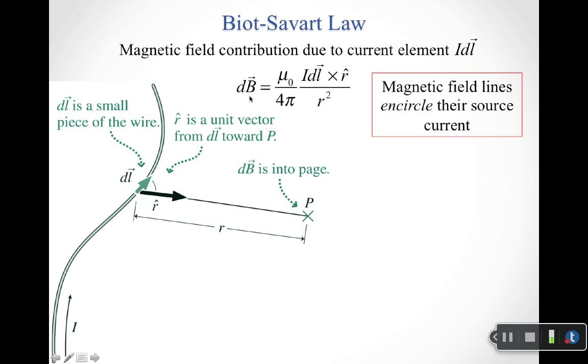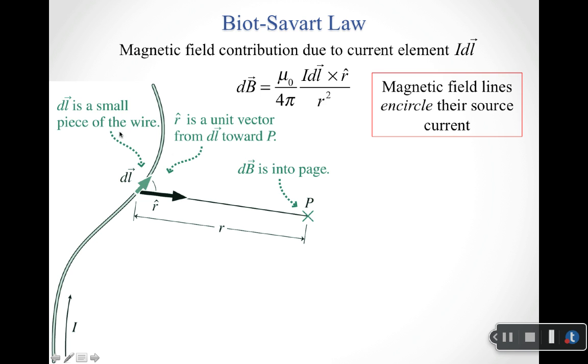This cross product tells us that our magnetic field contribution has to be perpendicular to both the current element and r hat, and both of those in this case happen to lie in the plane of the page, which means that the magnetic field contribution is going to point into or out of the page. It happens to be into the page in this case.